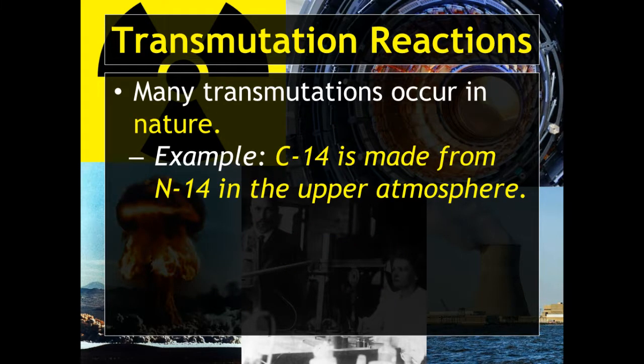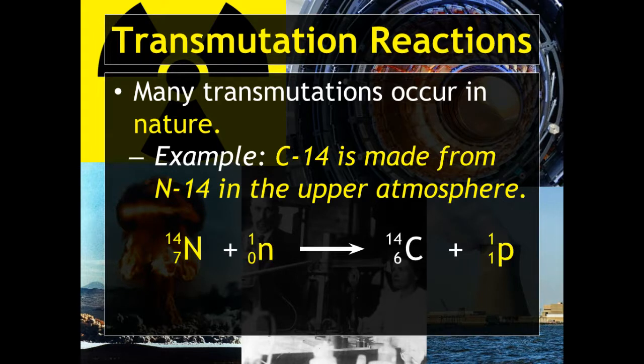Many transmutations already occur in nature. Carbon-14 is made from nitrogen-14 in the upper atmosphere. Nitrogen's swimming around, hanging out, having a good time. It spits out a proton. That means nitrogen is transmutated into carbon.